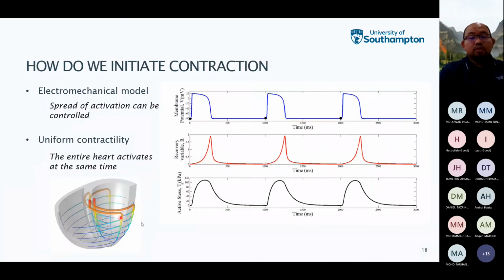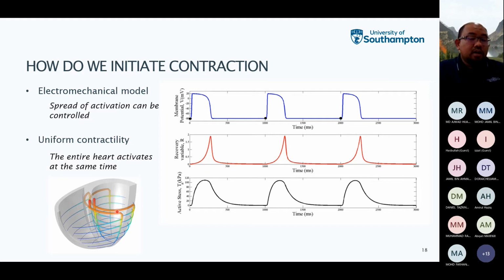So there are two approaches on how to initiate contraction. You can either have an action potential model, which is what I did in the past. In my action potential model, I actually have this skeleton here that simulates how the electrical activation spreads. So once it receives the electrical signal, then it will contract. With this, we can control how the contraction spreads.